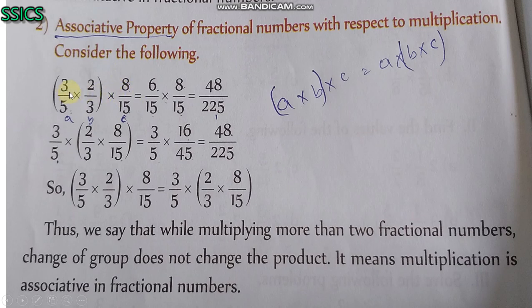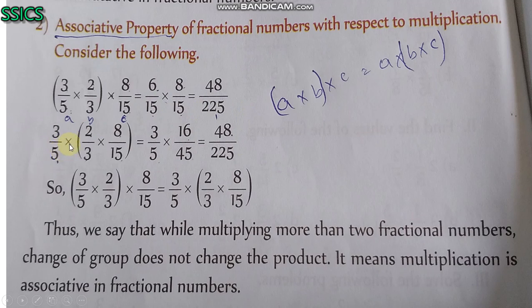Multiply inside the bracket: 3 twos are 6, 5 threes are 15. Write 8 by 15 as it is. The final answer comes: 6 eights are 48, 15 fifteens are 225.